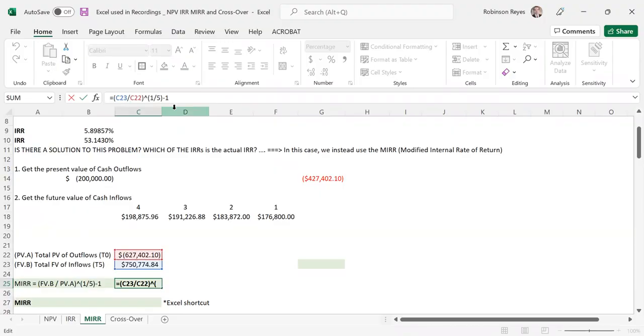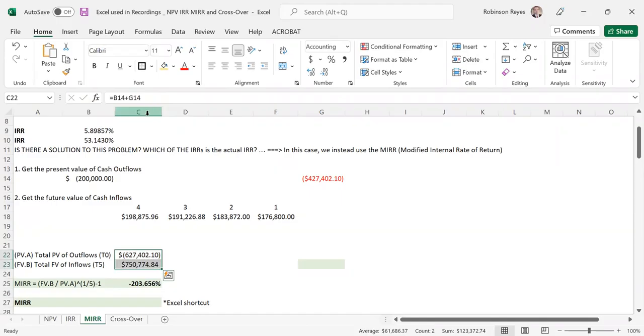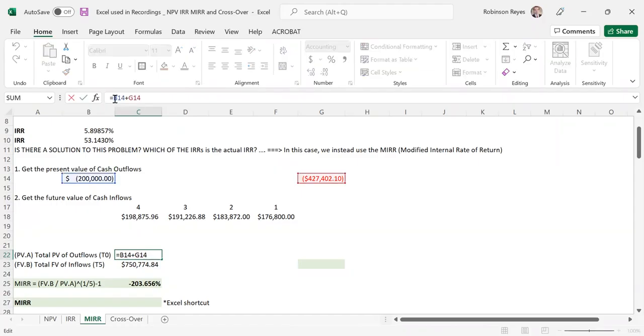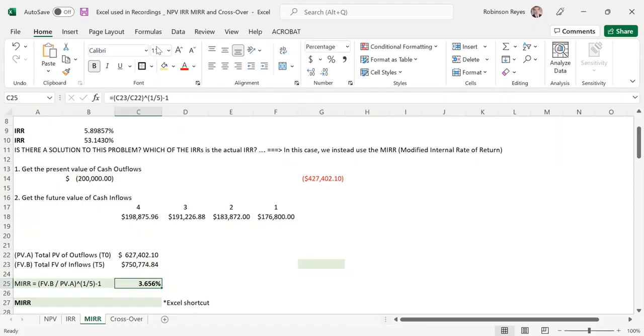And of course, one thing to keep in mind: in this formula, we're solving this manually. So when we add up the present value of outflows, we want to keep this number positive, right? And there we go. Now we have this MIRR calculated here.